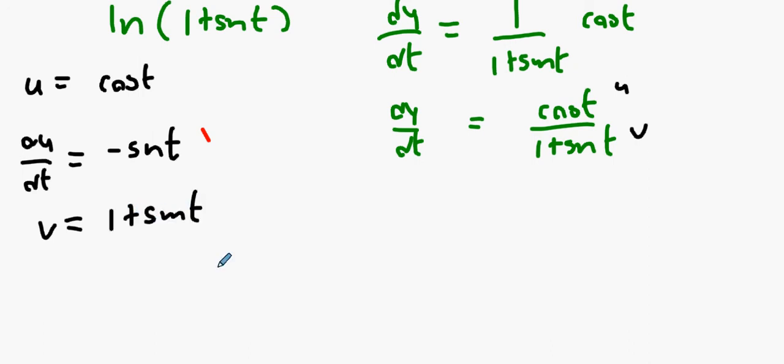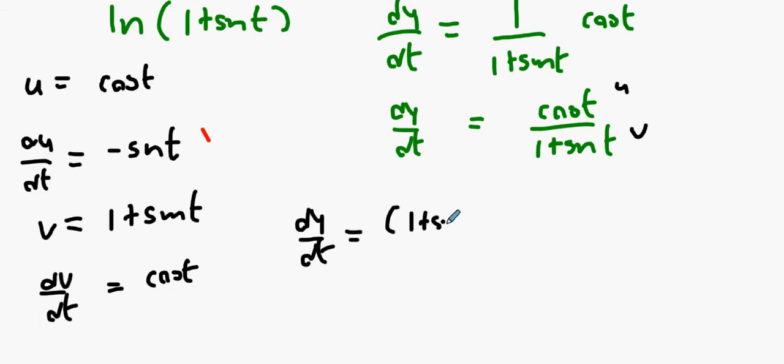v is 1 plus sine t. dv/dt is cos t. Alright, Ben, put it all together, please. v was 1 plus sine t.